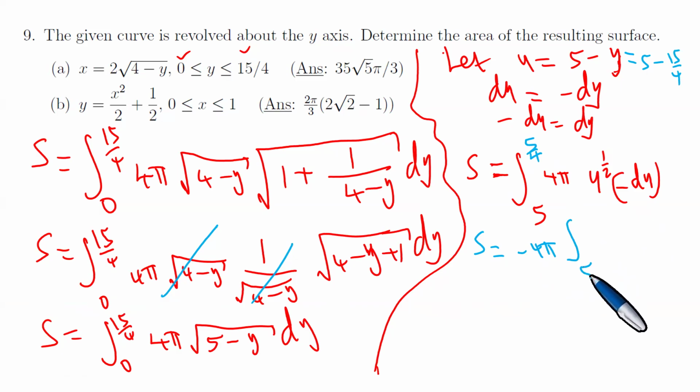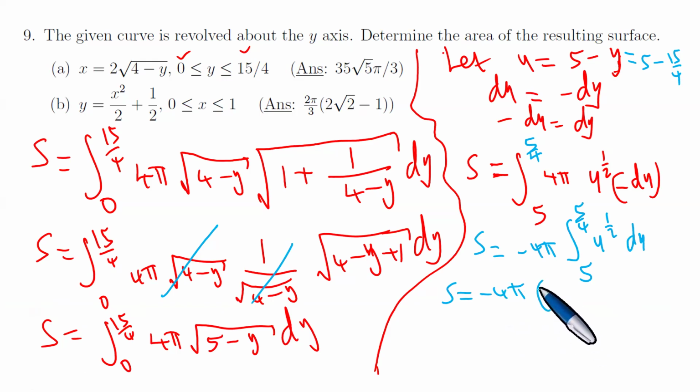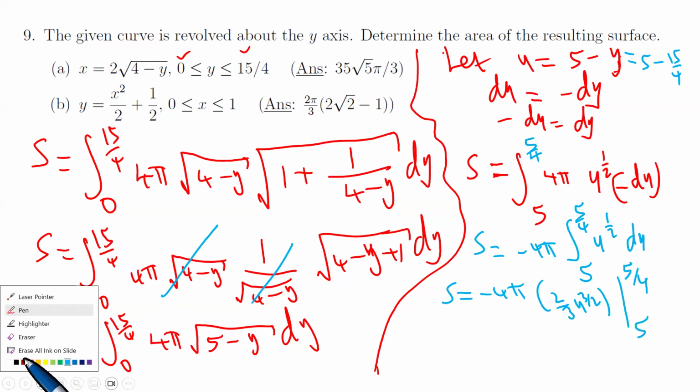Then we have the integral from 5 to 5 out of 4 of u to the power 1/2 du. So we continue. And then now you integrate, this is 2 out of 3 u to the power 3 out of 2. All right, so we have this one.